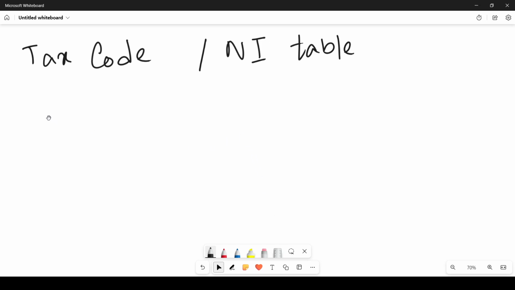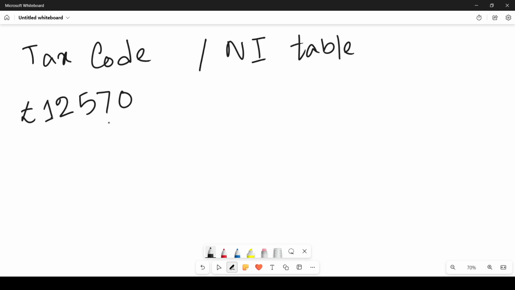So on the basis of your tax code, you should have a personal allowance. So the personal allowance is usually 12,570 for 2023 and 2024, right?